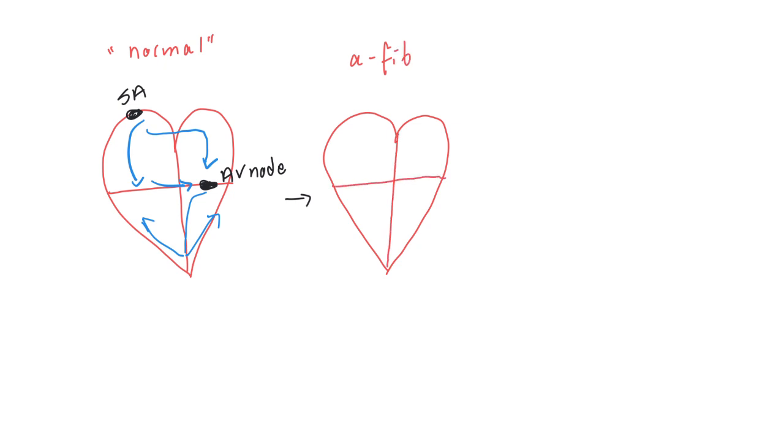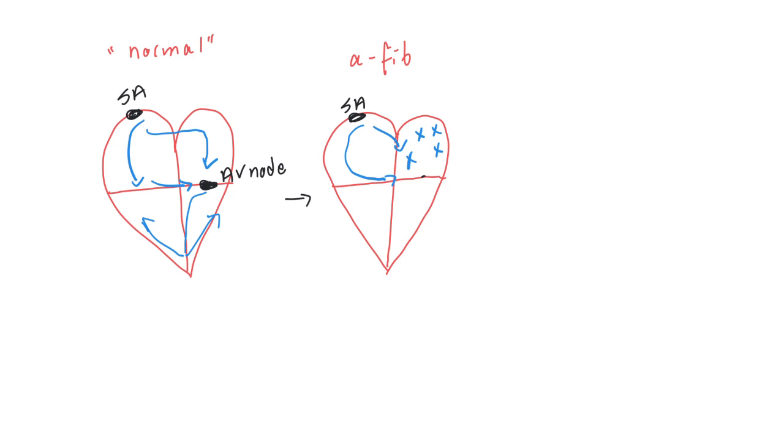So in atrial fibrillation, we may still have the SA node firing A-OK, and it might actually even be going through the right atrium okay, but there's a problem in the left atrium. We have all sorts of ectopic firings that are not supposed to be happening. There's many different reasons why you can get AFib. That's a subject for a different video, but just understand that's what it is. It's multiple firings in the left atrium.